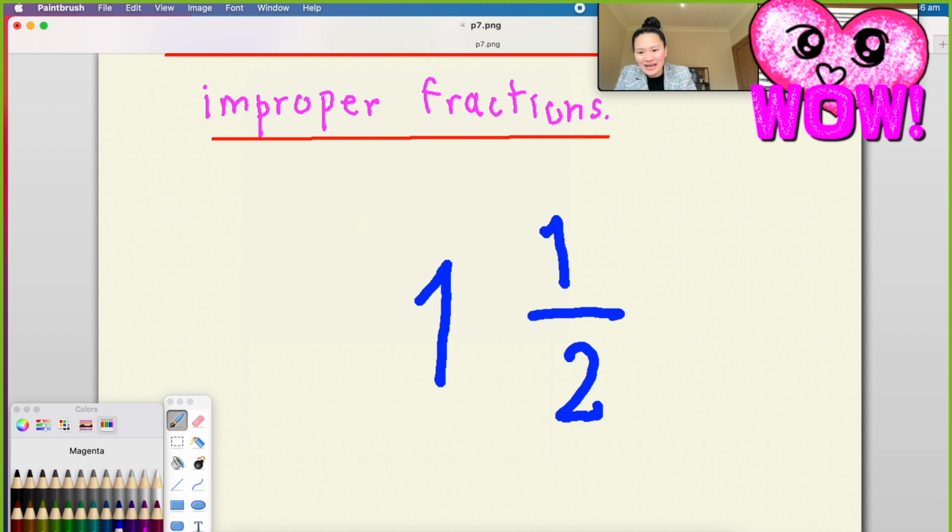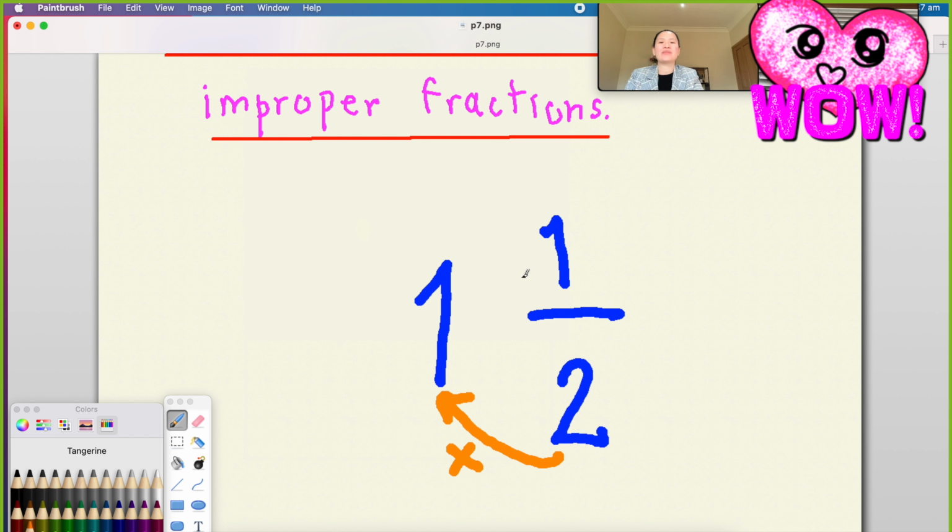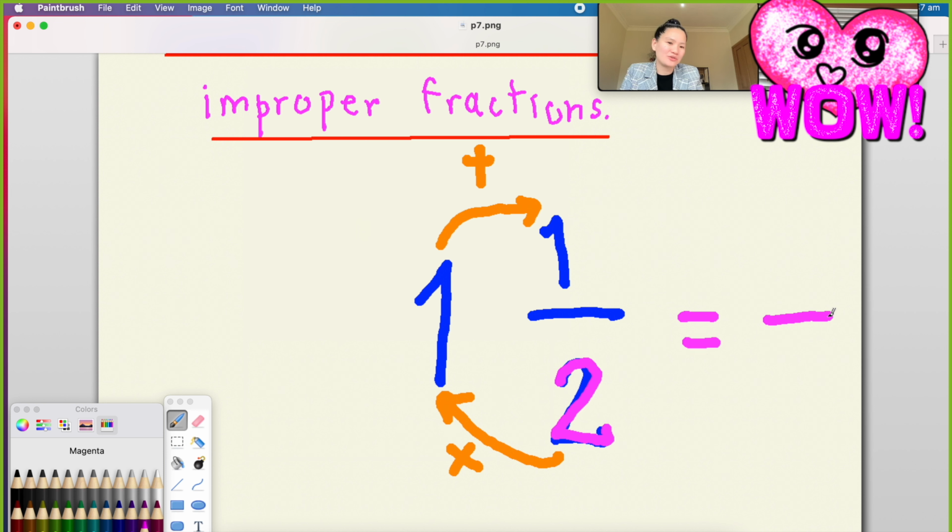The way you do it is you put it like this. 2 times 1, you multiply them here, and then you plus here. And then the denominator is still the same. That 2 is still the same, so I write out 2 here first, because it's going to be the same.